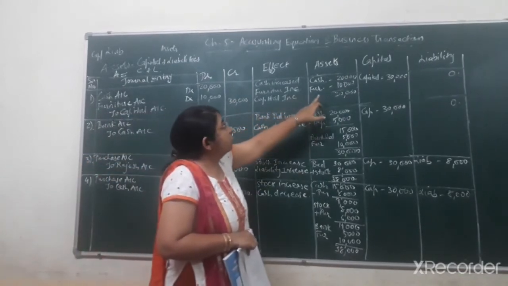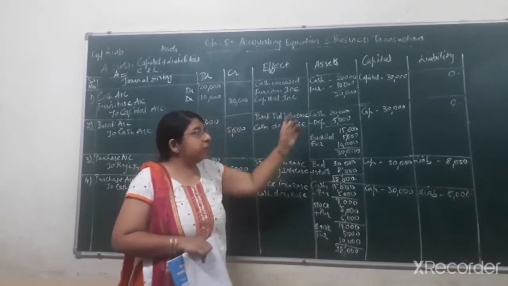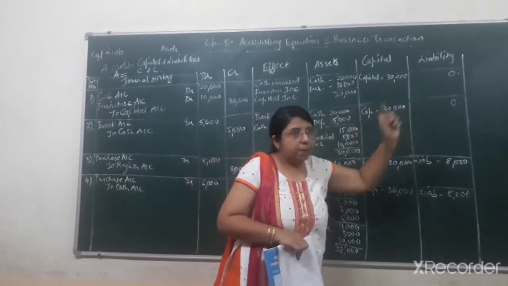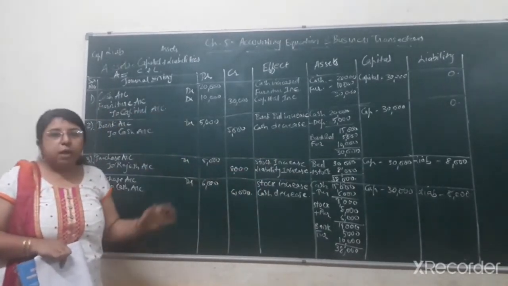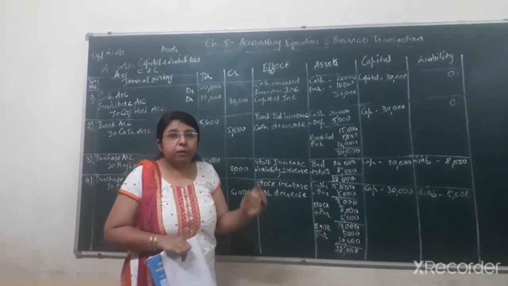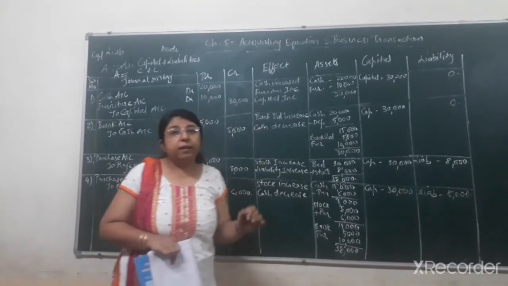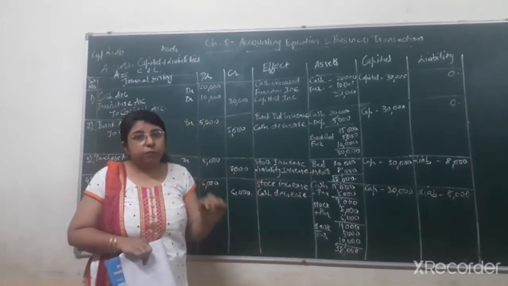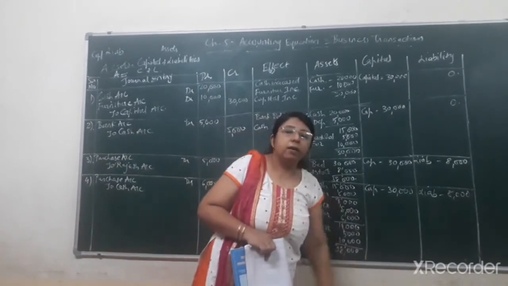And then afterwards, because of that transaction, what effect came in the assets, capital and liabilities, that we have to mention for each and every transaction. And at the end of all the transactions, you will get the idea of what amount of assets, capital and liabilities are there in the firm. And we will verify whether the total of assets is equal to capital and liabilities.